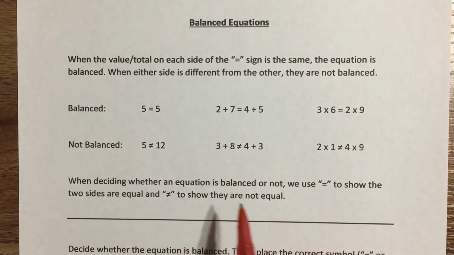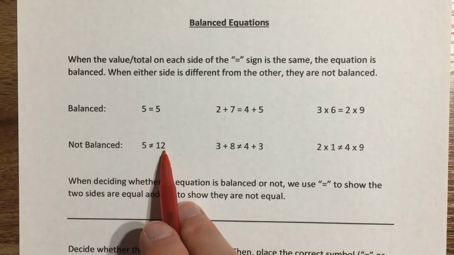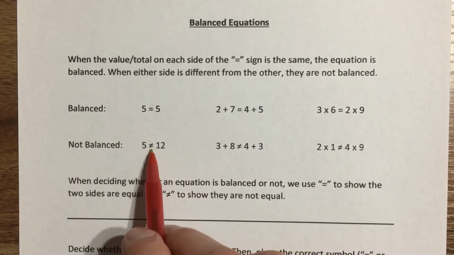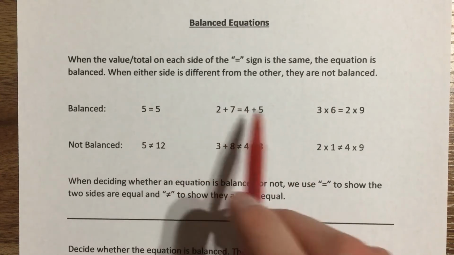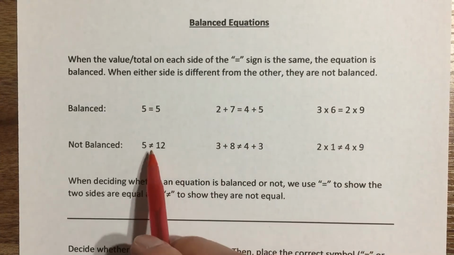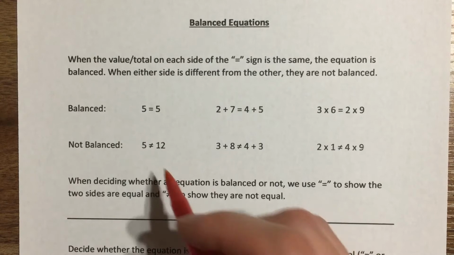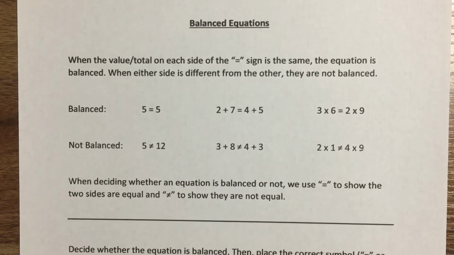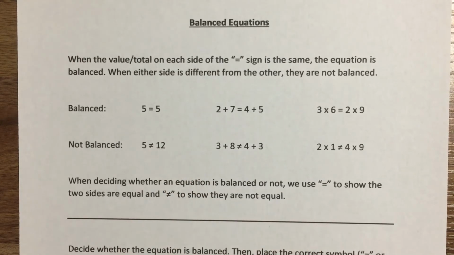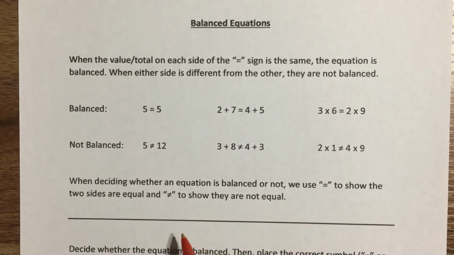Not balanced, however, 5 and 12. You notice that the sign right in the middle looks a little bit different than the one we have up here. These ones are all equal signs. This one looks just like an equal sign, but it's got a slash through it. That is a big deal. It doesn't look like much, but that does tell us that this side does not equal that other side.